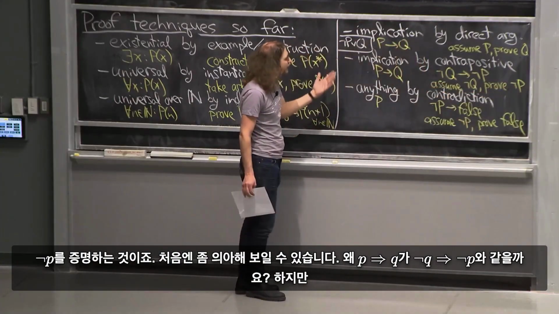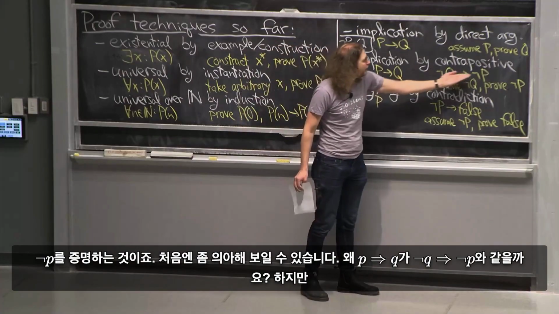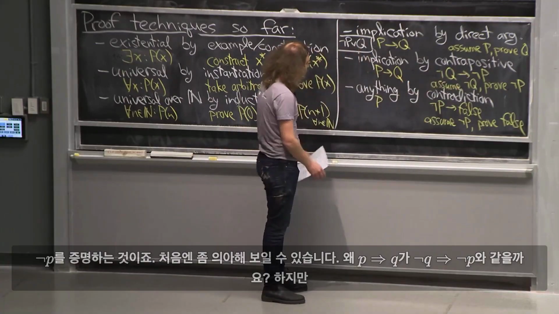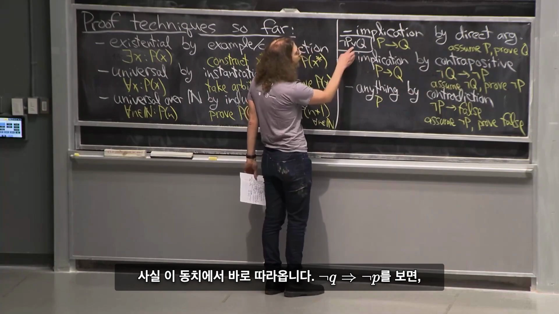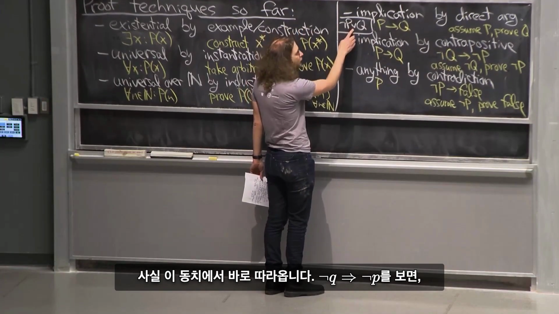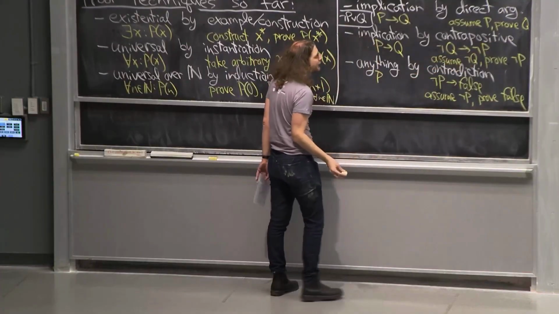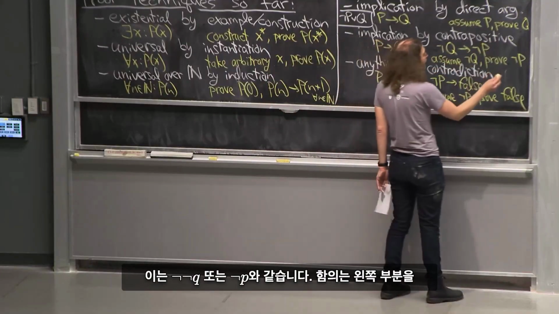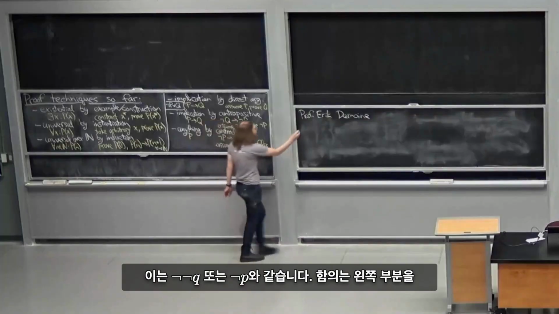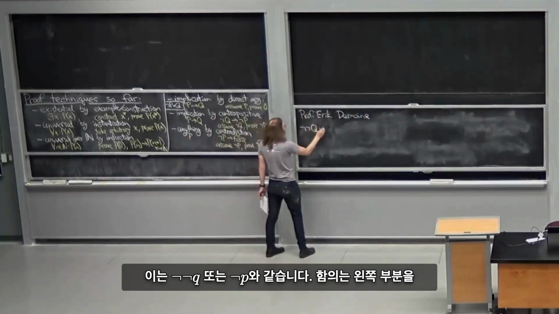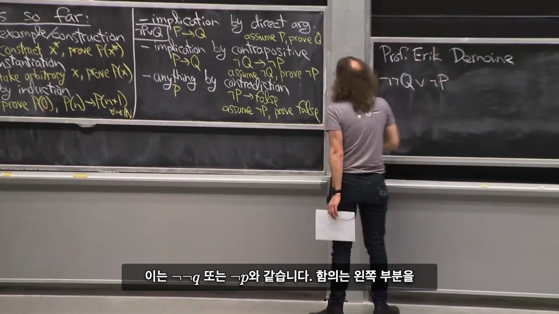This may seem kind of magical. Why is p implies q the same as not q implies not p? But it actually follows directly from this equivalence. If you look at not q implies not p, this is the same thing as, let me go over here, not not q or not p. Right?